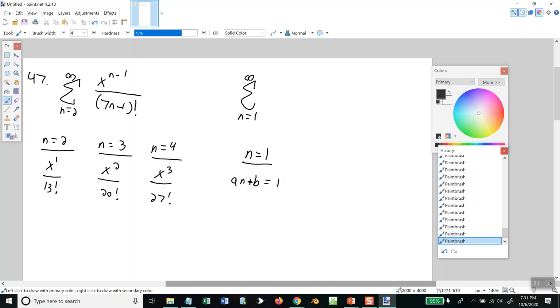And that should equal 13. I don't know what a and b are yet, but I do know n is 1. So this would be a plus b is equal to 13.